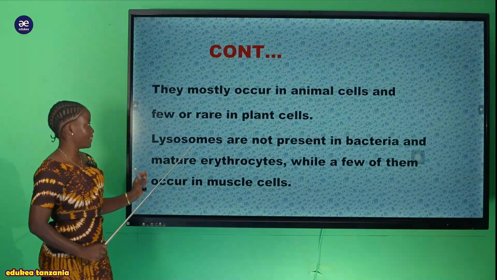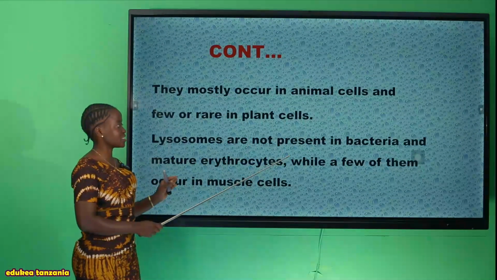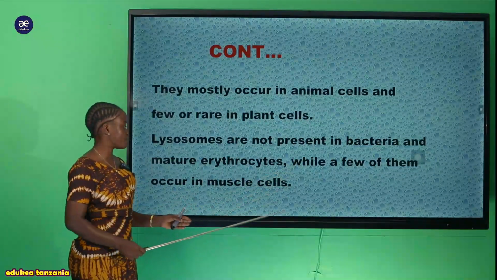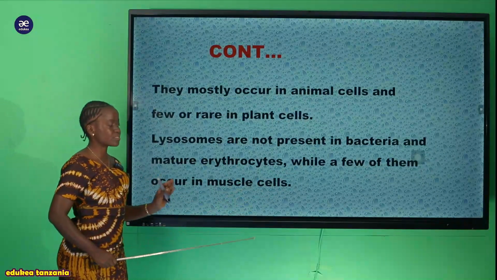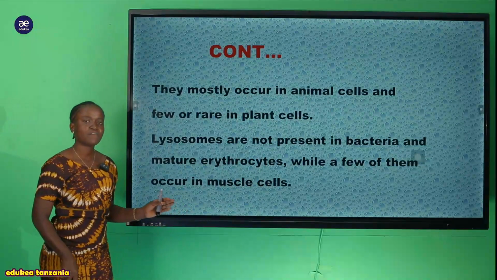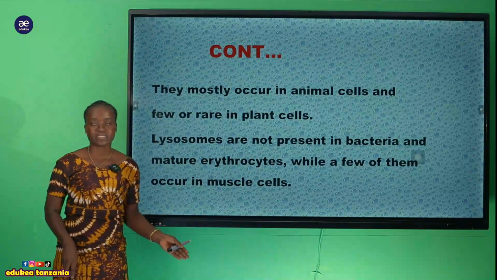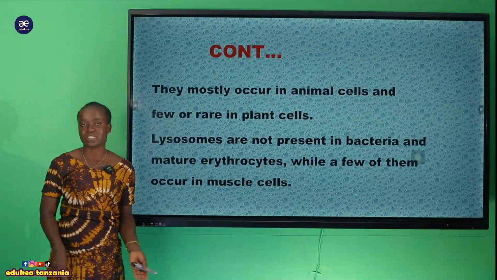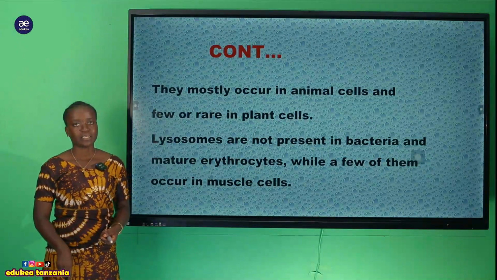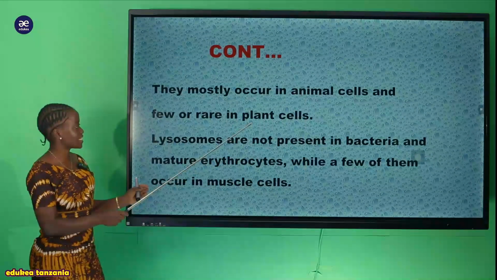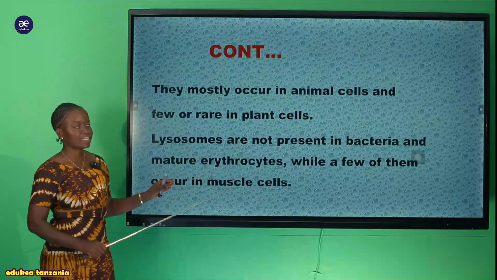But now, lysosomes are not present in bacteria and mature erythrocytes, while a few of them occur in muscle cells. So regarding the location of the lysosome, you can see it is not present in bacteria. Simply we can say it is not present in the prokaryotic cell. It is also not present in mature erythrocytes.